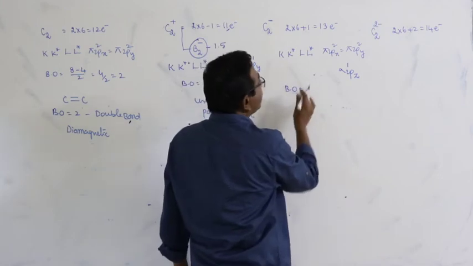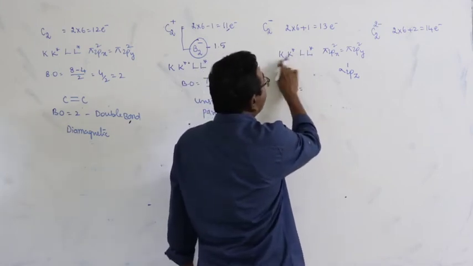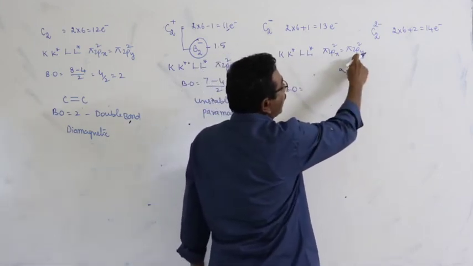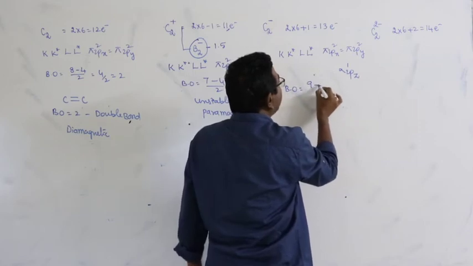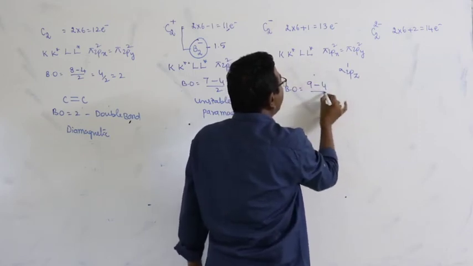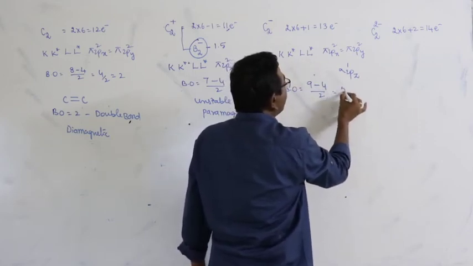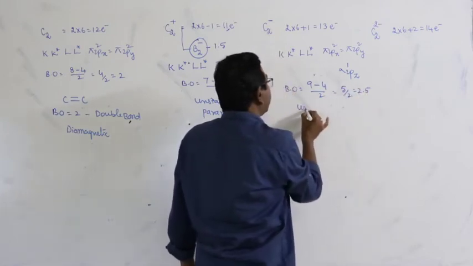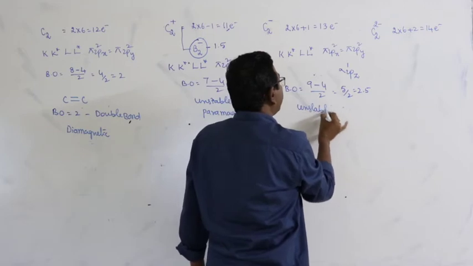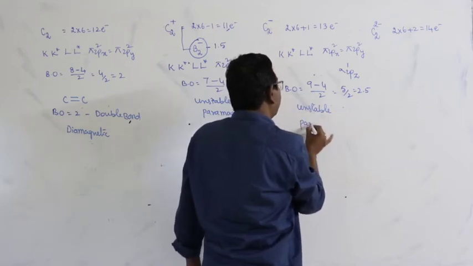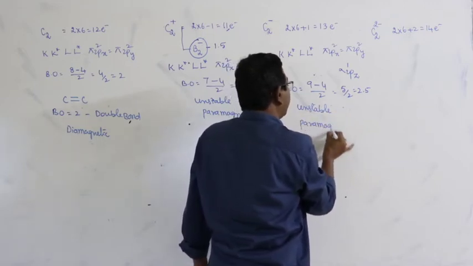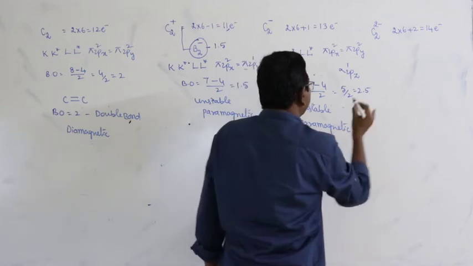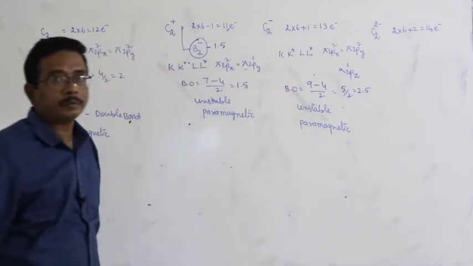Now, bond order is equal to 4 plus 2 plus 2, 4, 4 plus 4, 8, 8 plus 1, 9, minus 4 by 2, that is equal to 5 by 2 is equal to 2.5. And here the species is unstable and paramagnetic in nature.